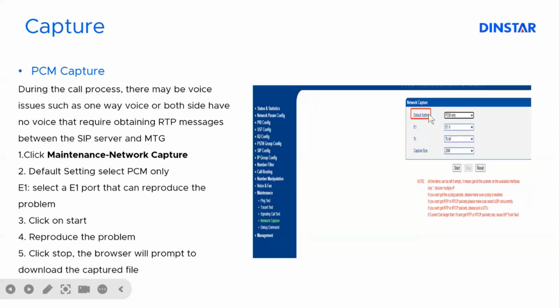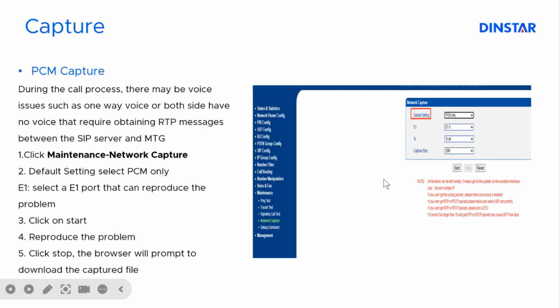We need to set the default settings to PCM only and select the E1 port, and here we can choose all the TS, right? Then we start, reproduce the problems, then stop and download.